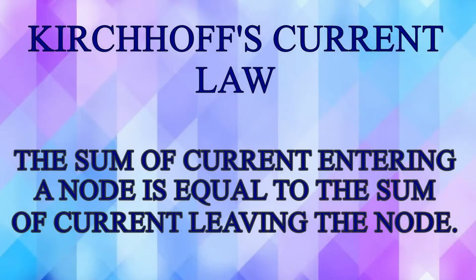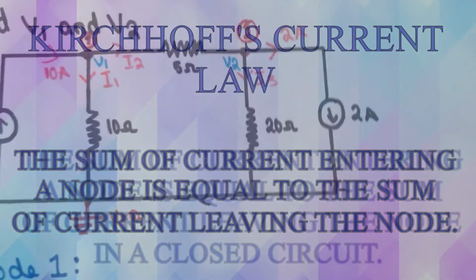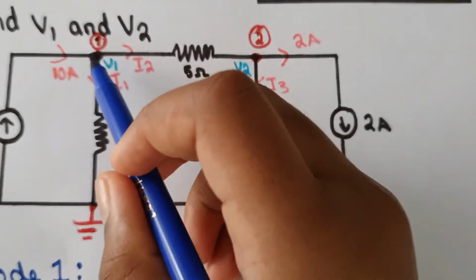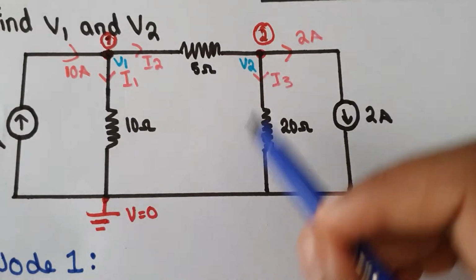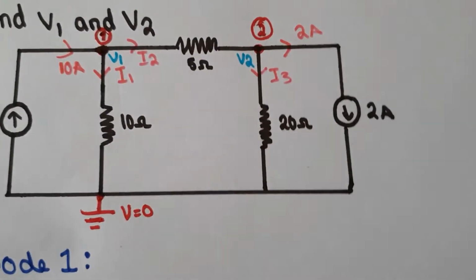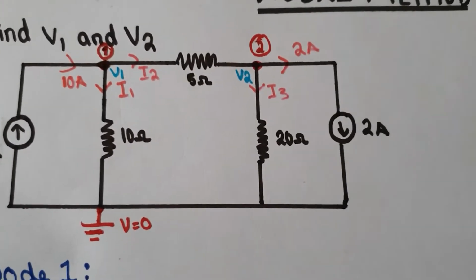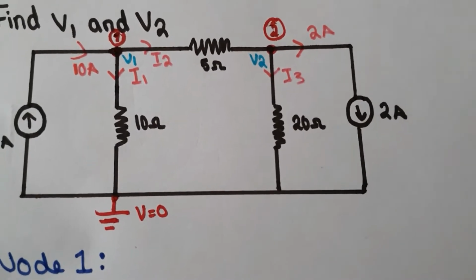According to Kirchhoff's current law, the sum of current entering a node equals the sum of current leaving the node in a closed circuit. This is a closed circuit, so Kirchhoff's current law is applicable in this circuit.